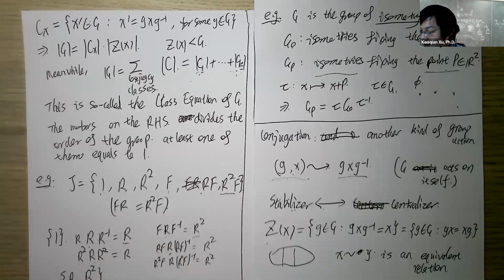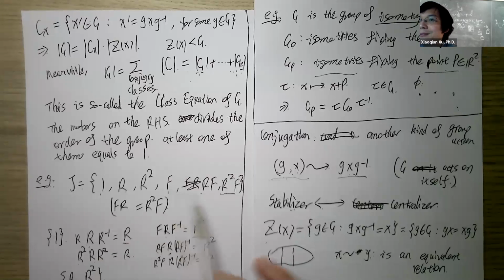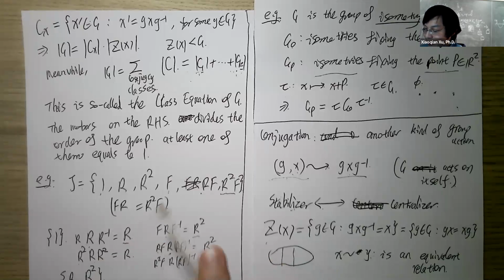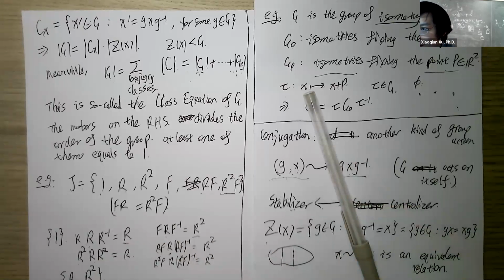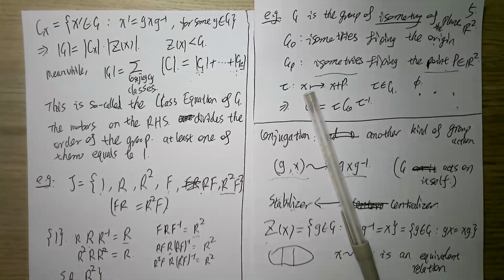Then we know the rest are 3 elements. Now the only problem is we need to check the rest 3: are they in the same conjugacy class or in different conjugacy classes? Any idea? Are they in the same or different conjugacy classes? Yes, they are in the same. Why?